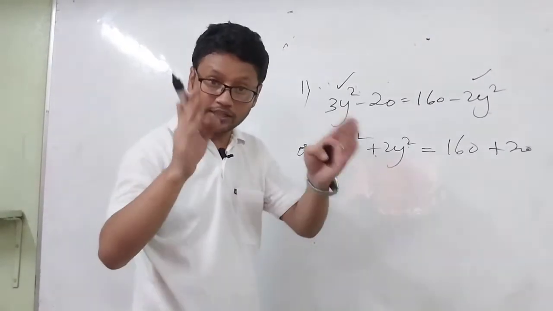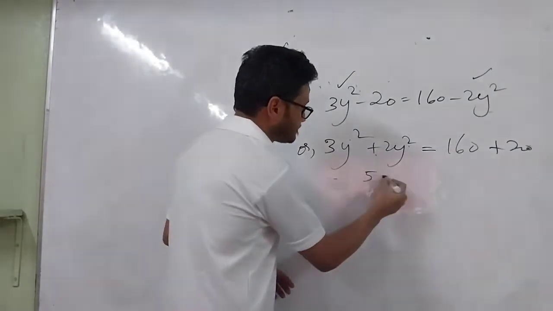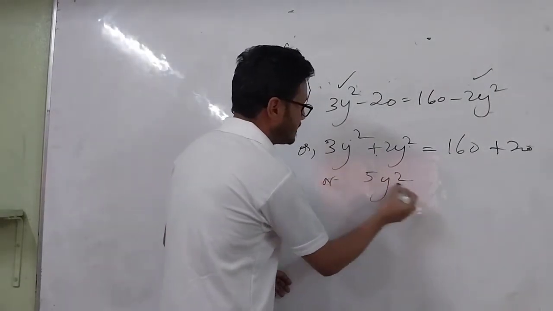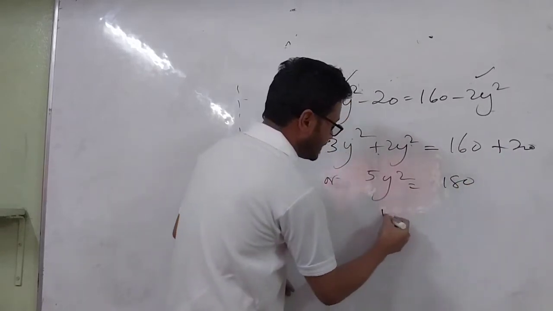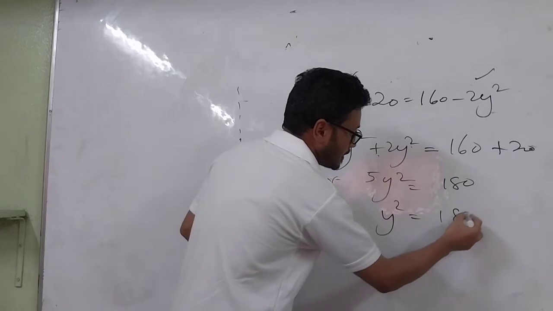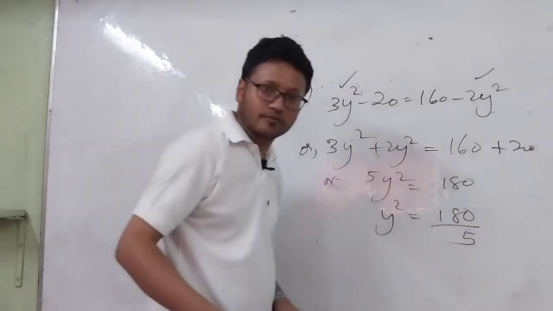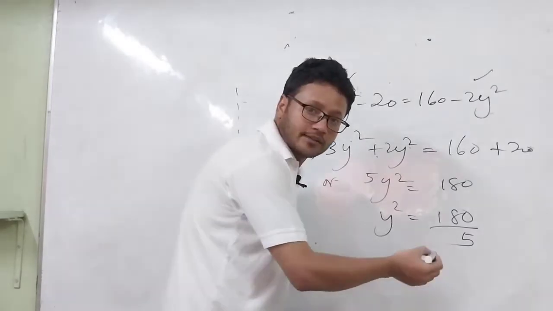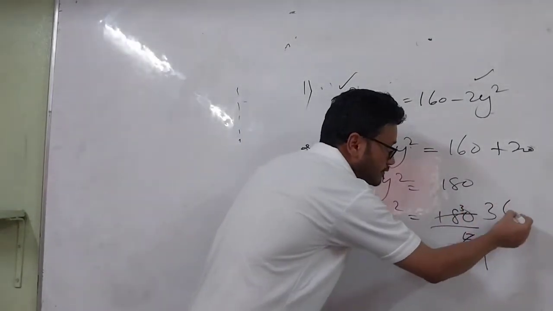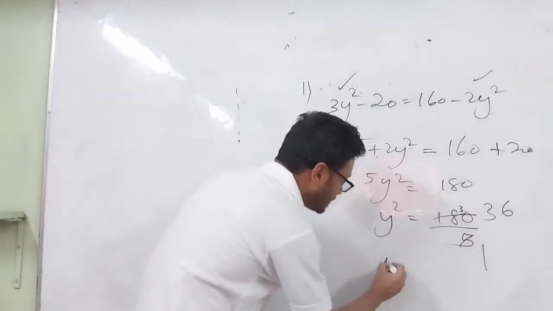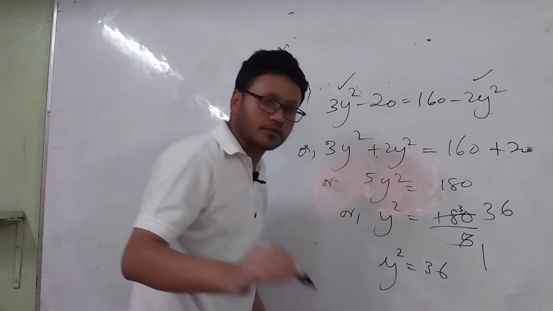It doesn't matter that the numbers are not the same, we just need to see the alphabet and the power. 3 plus 2 is 5, 5y square, then 160 plus 20 will be 180. Then 5y square equals 180, then 5 goes down, understood? Now we cancel: 5 ones are 5, 5 threes are 15, 5 sixes are 30, that means y square equals 36.